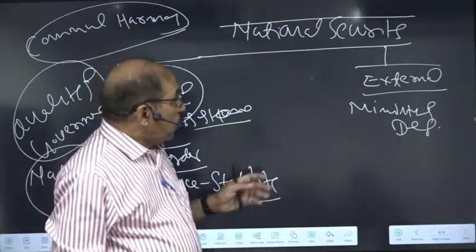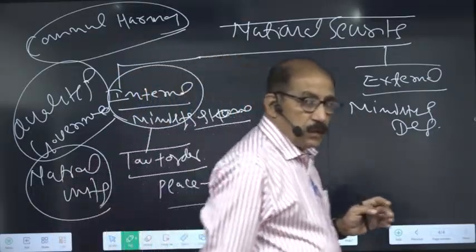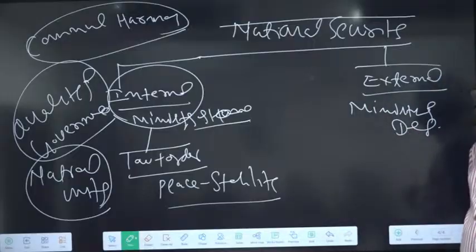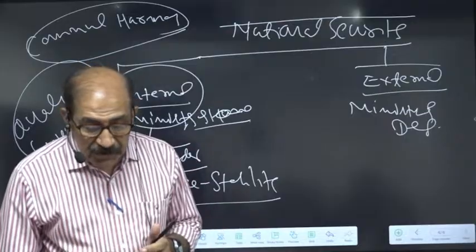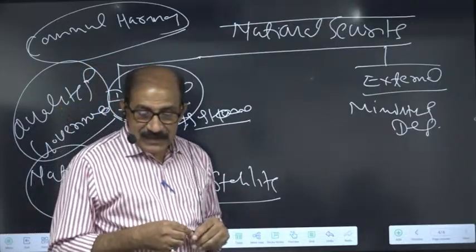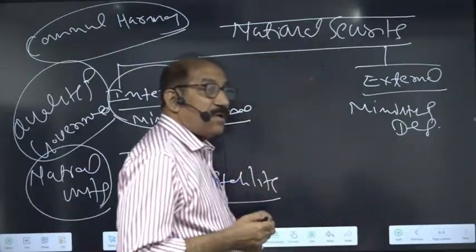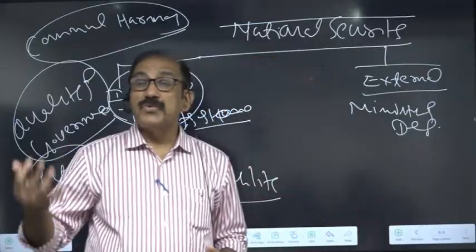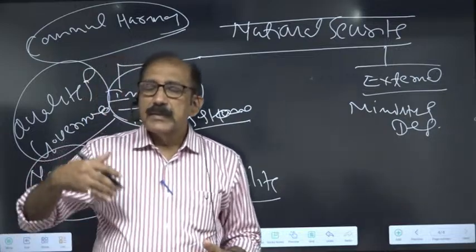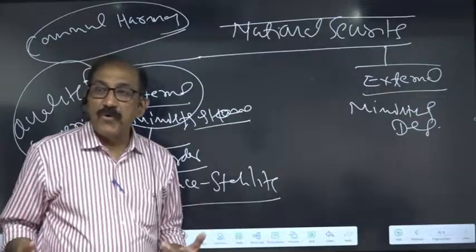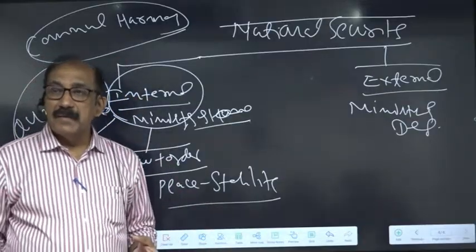Now, when you talk about external security, what comes to your mind is that you are basically concerned with what we call threat from outside. Threat from outside the territorial boundaries. Threat from China, threat from Pakistan, threat from Nepal.